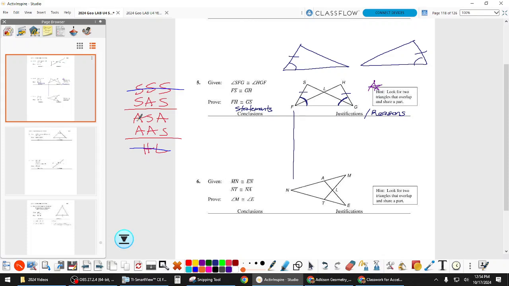And then down here, for each of these, I need two angles. I only know one. Is there a good way to get another two angles? So you're looking for things like angle bisector, vertical angles, alternate interior, corresponding. Do we have any of that kind of copy paste? No, nothing, right? So those are out. So we're going to look to do this one.